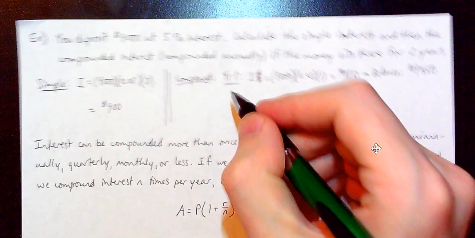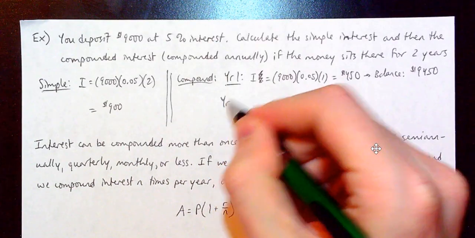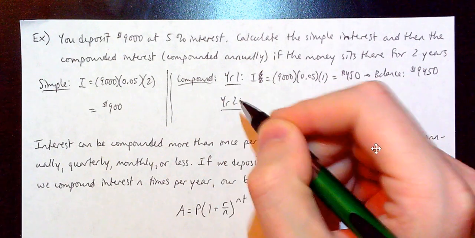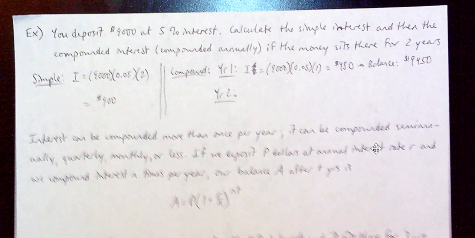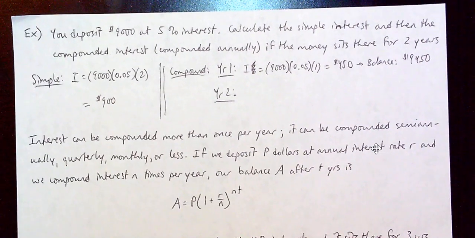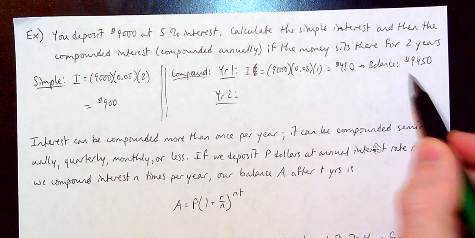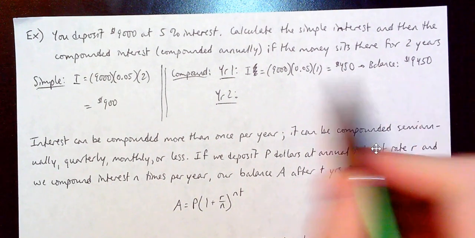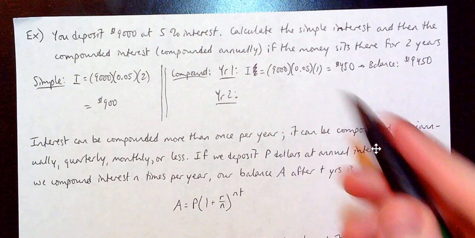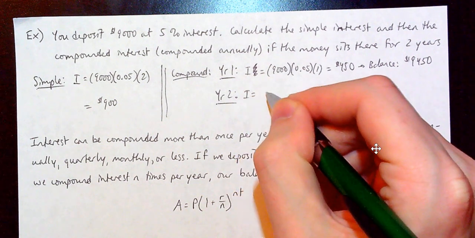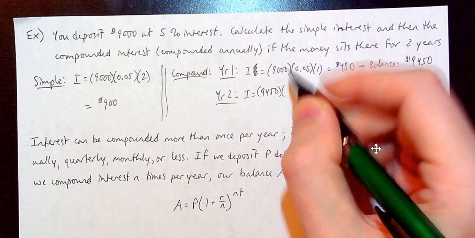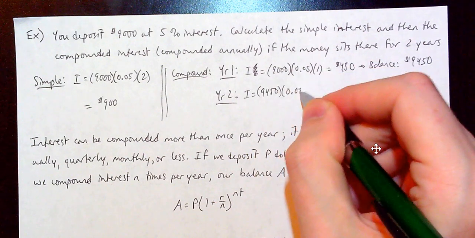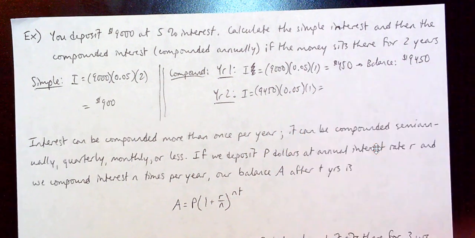Now, for year 2, I'm going to essentially use a very similar formula just to calculate the interest. But now my principal is going to be this 9,450, not the 9,000 that we had at the very start. So 9,450 times 0.05 times 1.